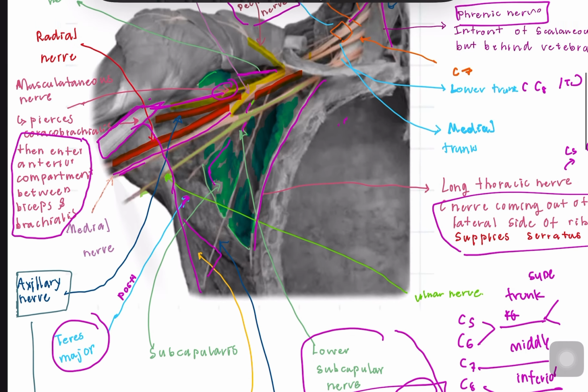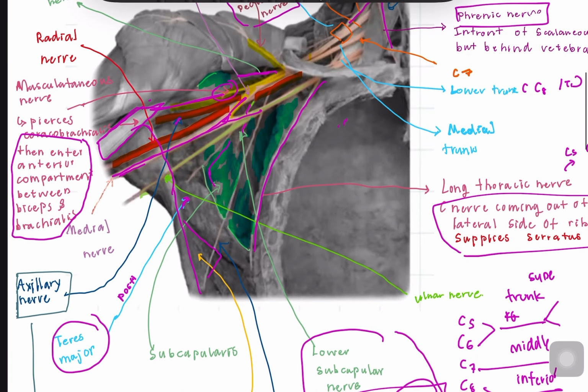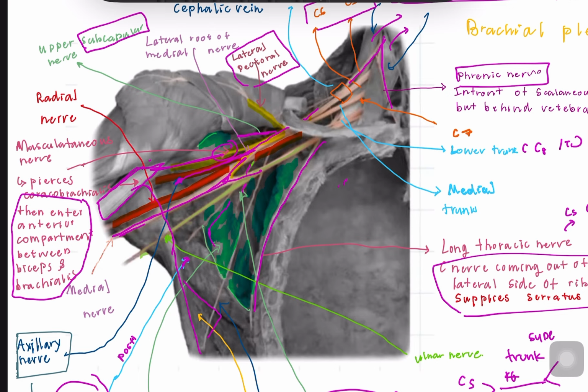And then we have the median nerve formed with the lateral part and the medial part. And then we got the axillary nerve. Musculocutaneous nerve comes from the lateral.